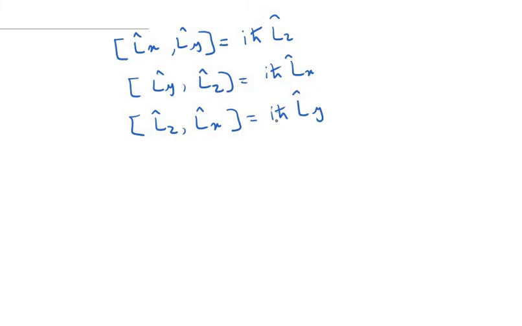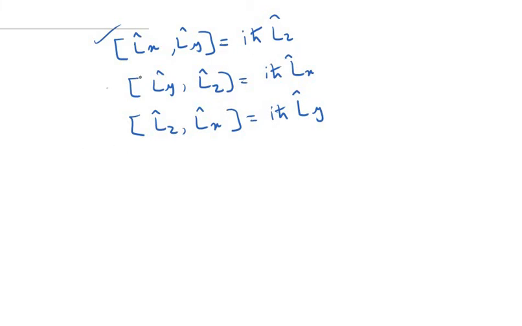So we have these three commutation relations, and what this tells me is that we cannot really measure the angular momentum of the electron in the x and y direction at the same time, because their commutator is not zero.